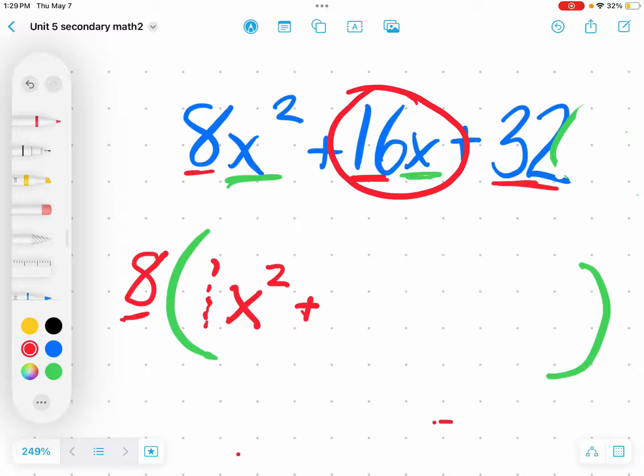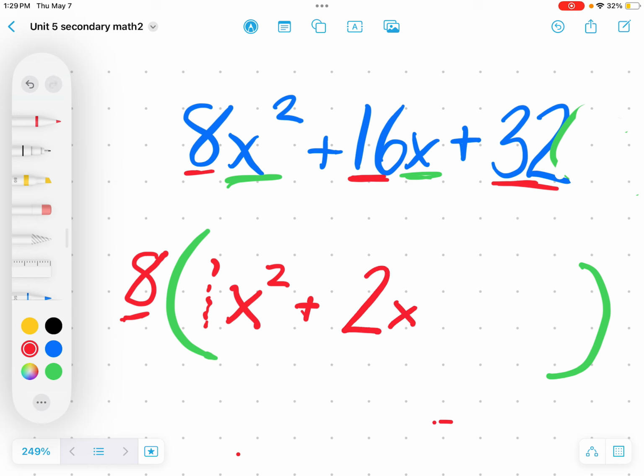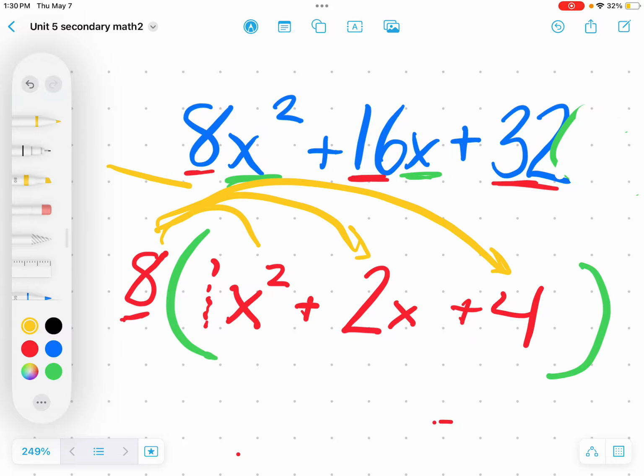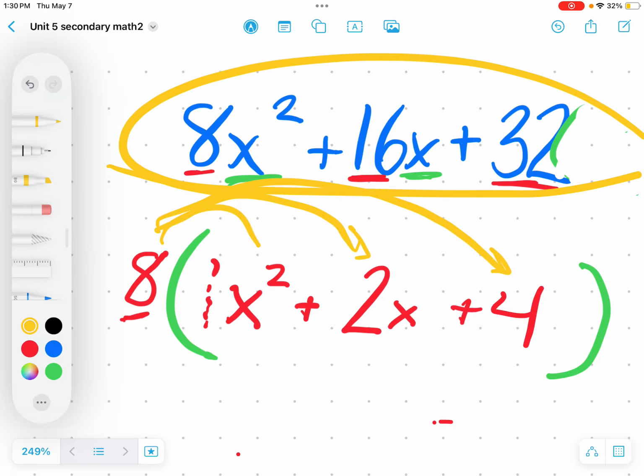You want to do this one first when you're typing it into your calculator. So 16 divided by 8 is 2, and the x still remains. And then 32 divided by 8 is 4. How can you check your answer? Distribute, and you should get this. If you don't get this, then you did something wrong. Okay? That's actually not too bad.